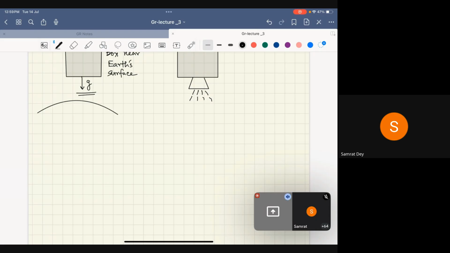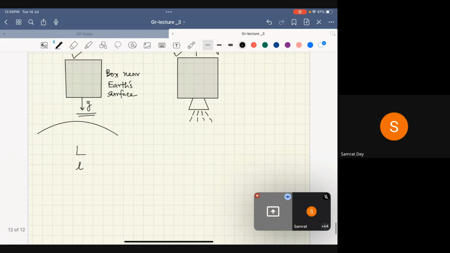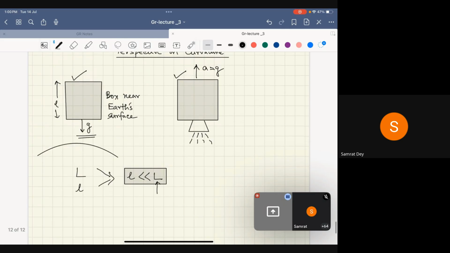So if the scale over which the acceleration due to gravity is uniform is denoted by capital L, and the size of the box is small l, then small l needs to be very small compared to capital L. Capital L is the length scale over which the gravitational field varies.